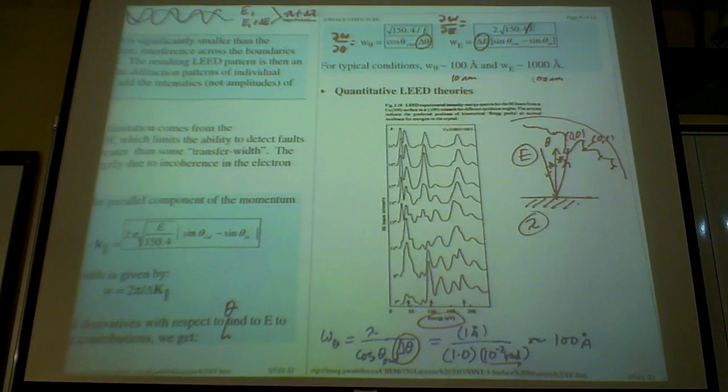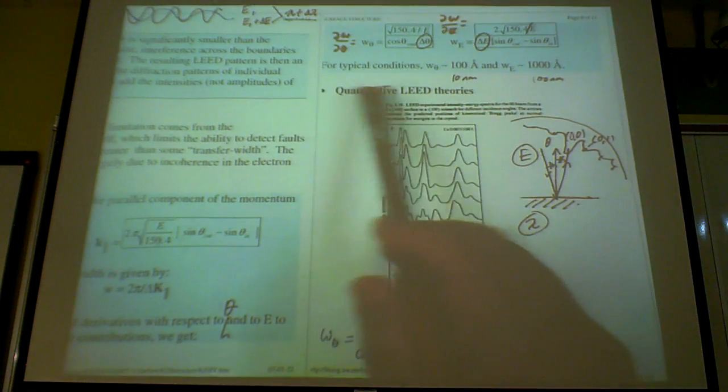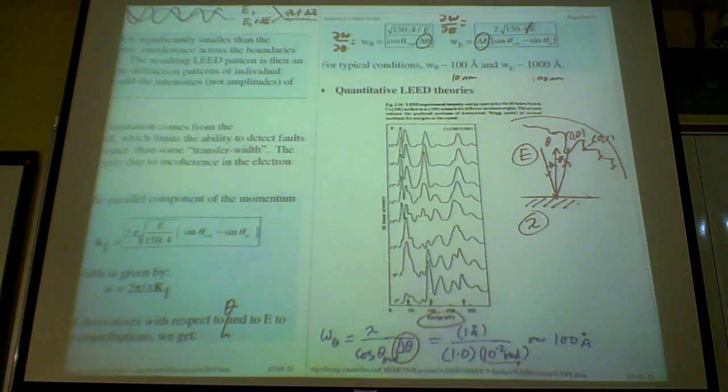Most of the people in the field just use the LEED pattern as a qualitative way to tell whether they have a 2x2 or 3x3 or c2x2 pattern, as a way to tell you qualitatively the arrangement of the overlayer on your substrate. But you could, and there are a few groups in the world still doing this quantitative LEED structure analysis.